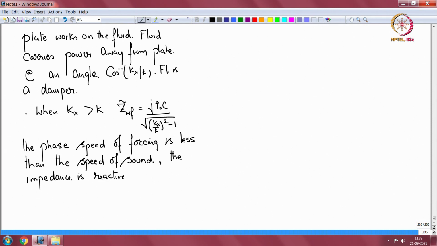So it is also inertial. Why inertial? If we open this expression out, what do we get? We get j rho 0 c into k divided by square root of kx square minus k square, and this k is omega by c.